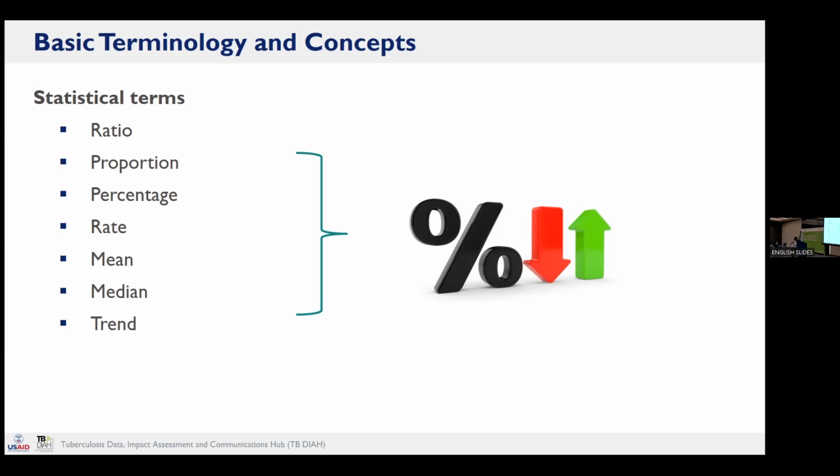Okay, median. The middle value, usually x plus y, maybe plus z. Usually you take the middle value, but if it is an even number, you take the middle two divided by 2.